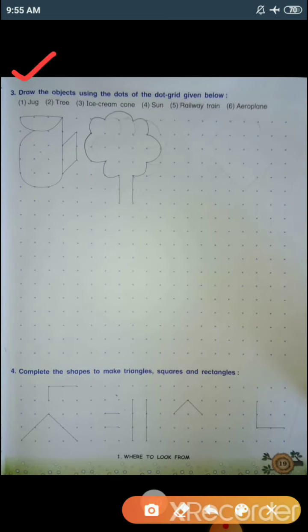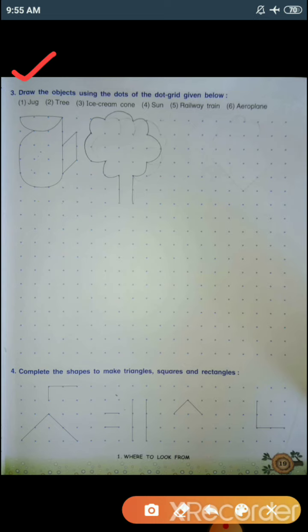Question number 3 in homework. Draw the objects using the dots of the dot grid given below. You can see that dots were given in this page and you need to draw the objects given here. One is a jug, second is a tree, third is an ice cream cone, 4 sun, 5th railway train, and number 6 aeroplane.